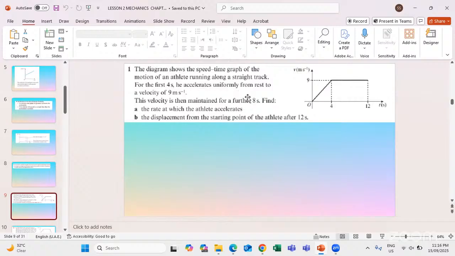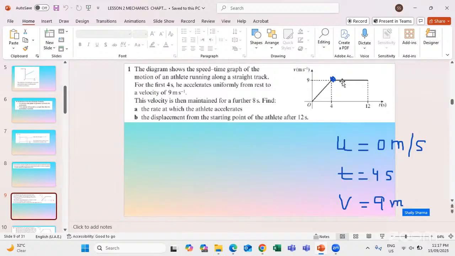Uniformly means the acceleration is constant, and he is moving from rest to a velocity of 9 meters per second. So the initial velocity is 0 meters per second because he starts from rest, and then our time is 4 seconds. After 4 seconds, the final velocity when it reaches over here is 9 meters per second.